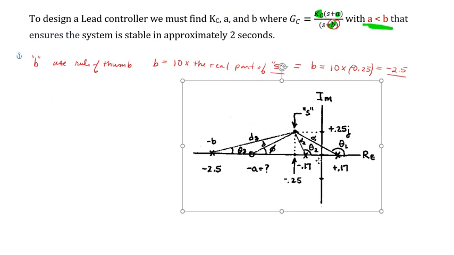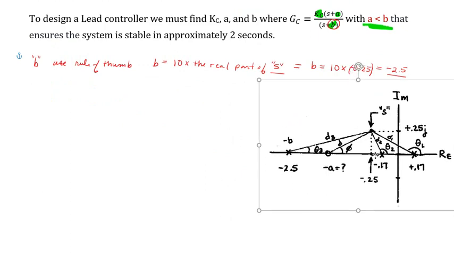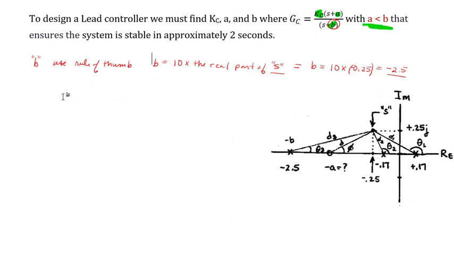So I'm going to move this over to get it out of the way, and we'll work right here to the left of our graph. First of all, we've drawn legs from each of the poles up to the point that was given to us in the problem. The first one, theta 1, is from this pole at 0.17, and this is d1.